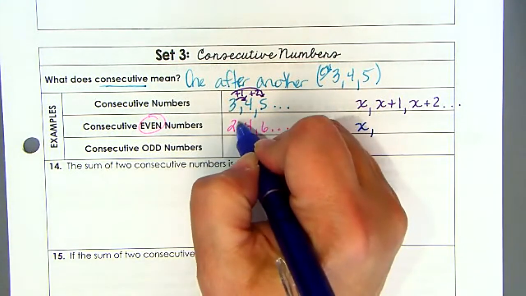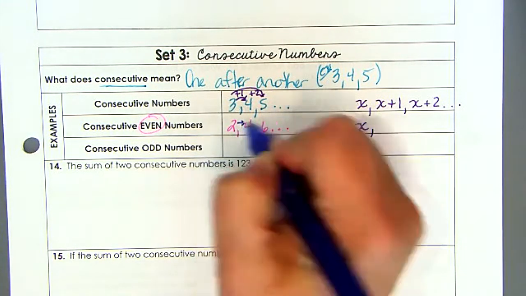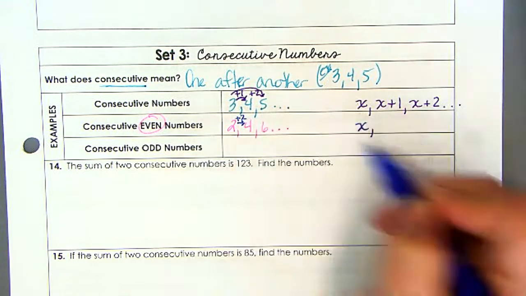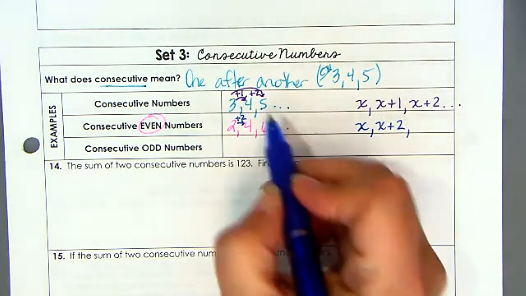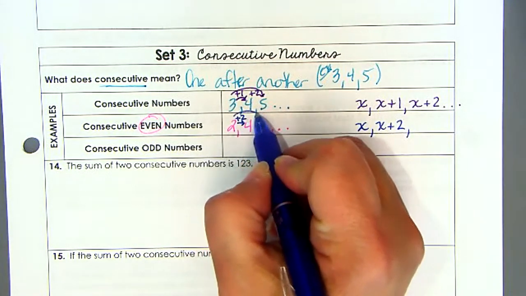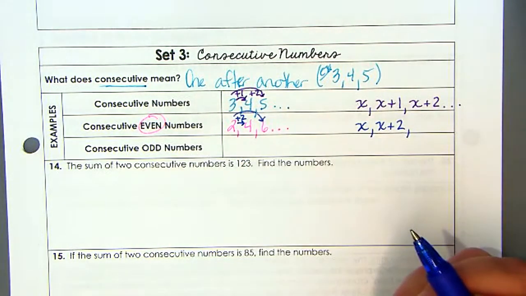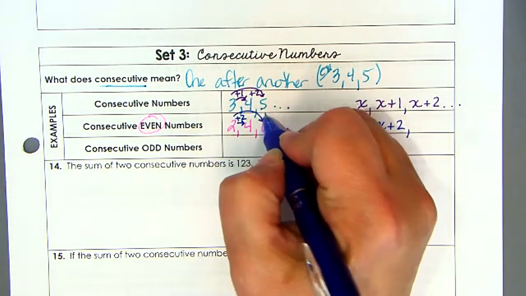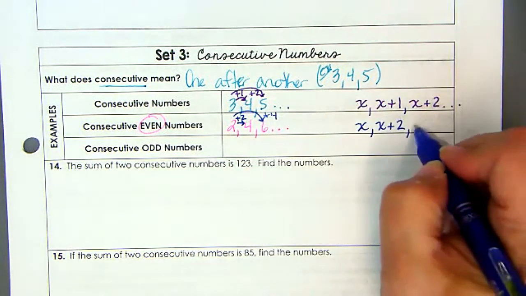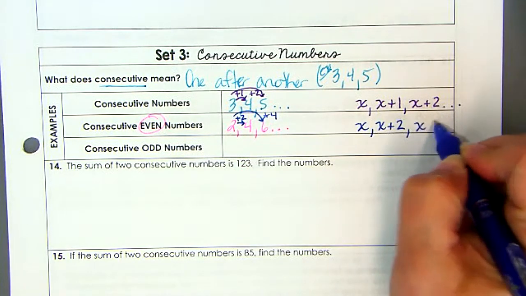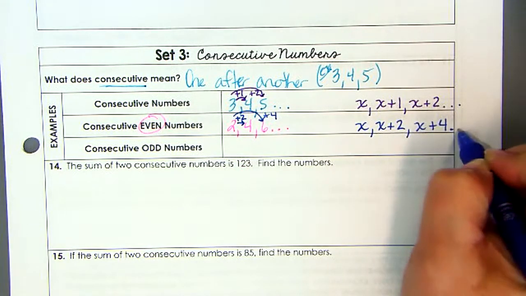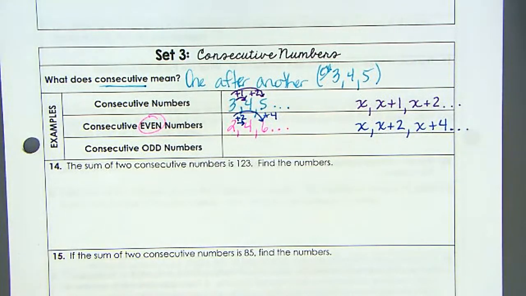What do I have to do to 2 to get to 4? Add 2. So my next term is X plus 2. What do I have to do to get from 2 to 6? We add 4. So the next even integer is X plus 4, and so on.